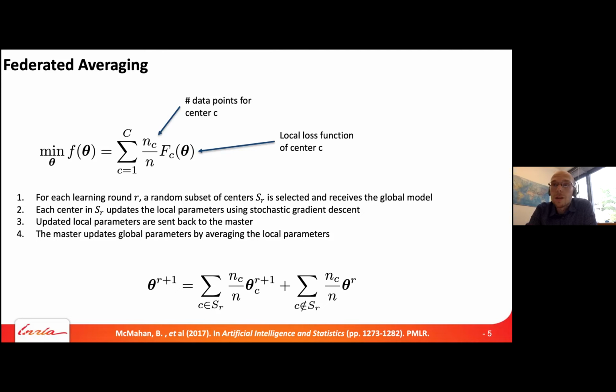Federated averaging, as the name says, relies on the following: we have this function that we want to optimize. We have a local loss function at each center that depends on the parameter that at the end we wish to federate, or to estimate in a collaborative manner. So we can imagine that we want to optimize this function, which is a weighted sum of the cost functions at each center.